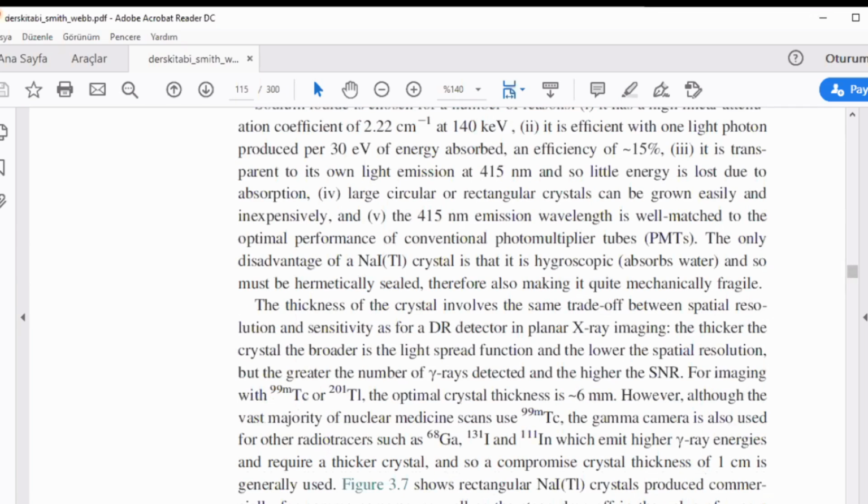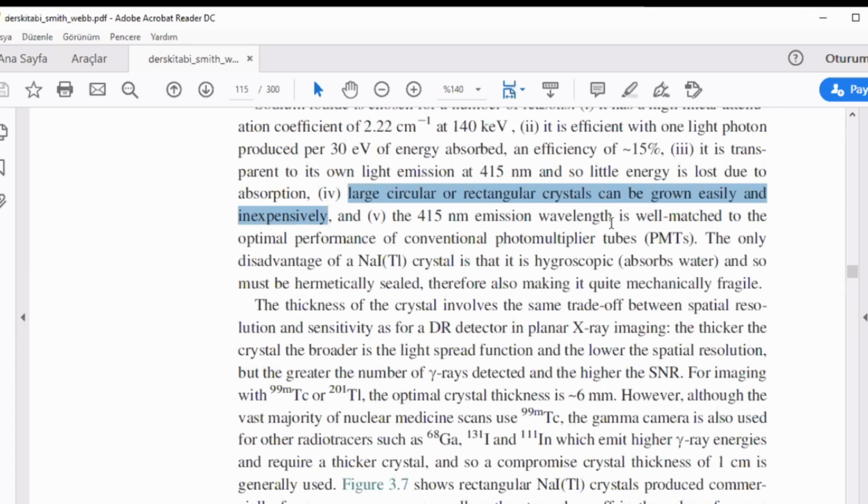It's transparent to its own light emission at 450 nanometers, so little energy is lost due to absorption, which is good. Large circular or rectangular crystals can be grown easily, which is one of the most important industrial properties, and inexpensively, which is very desirable.